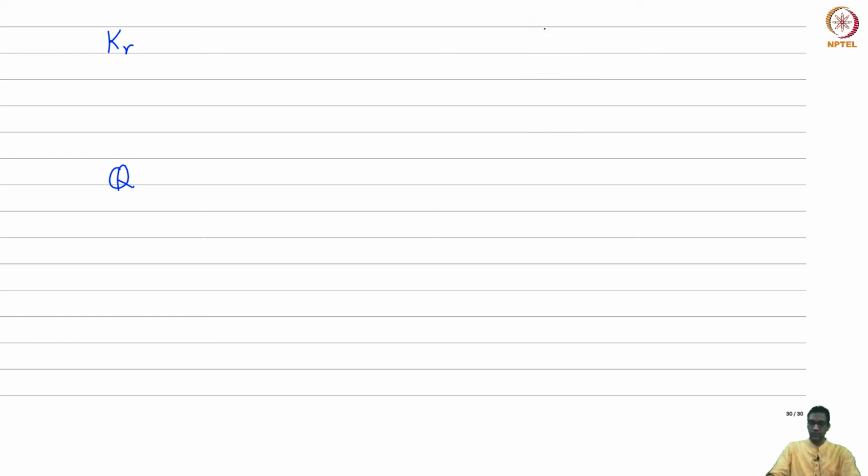So here's the setting: Kr is here, Q is here, alpha belongs to Kr. Alpha is an element here, so I can just look at Q(alpha). I just adjoin alpha to Q and look at this whole thing. What I know is that the overall degree is a power of 2.